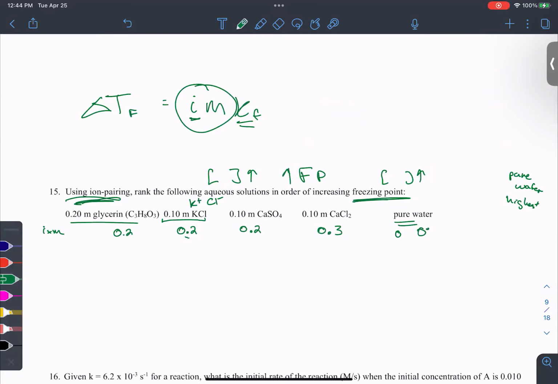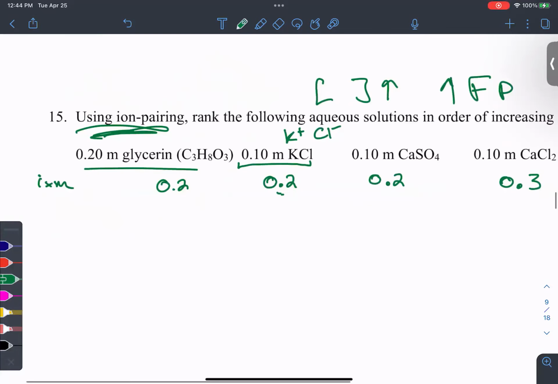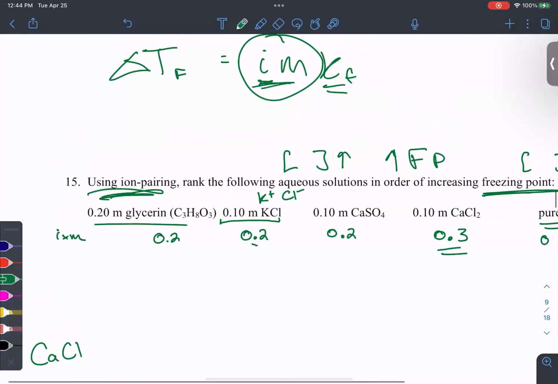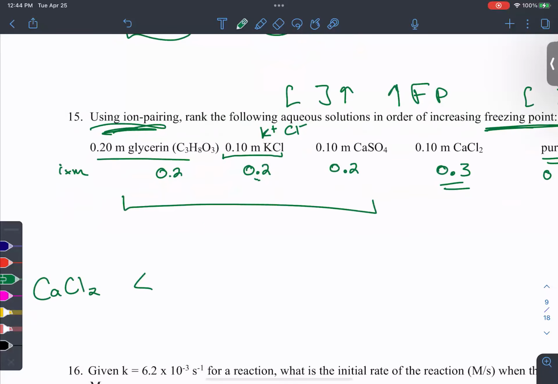So of these, which one's going to have the lowest freezing point? The calcium chloride, yeah, because 0.3 is the highest I times M, so it's going to have the largest freezing point depression. So calcium chloride is first. Okay, but hopefully you see the problem here.